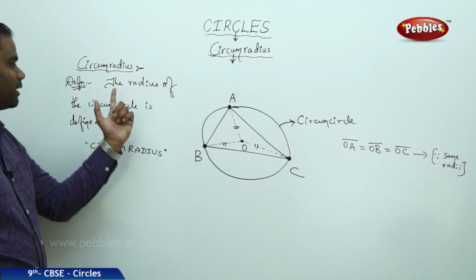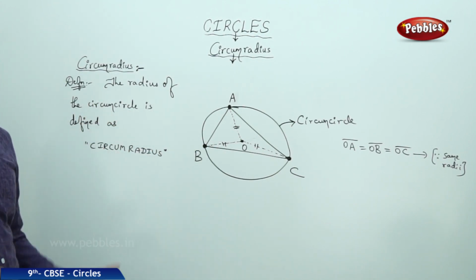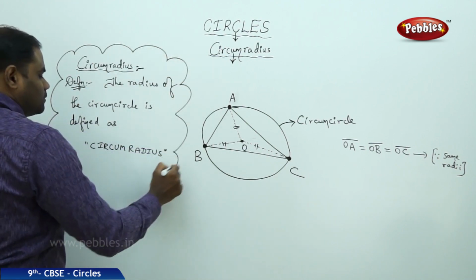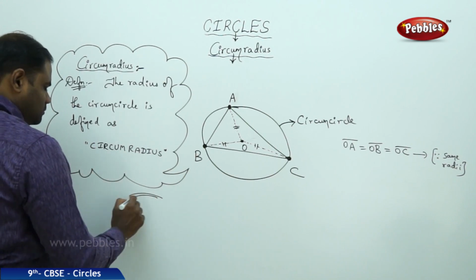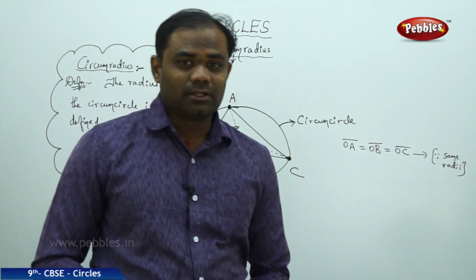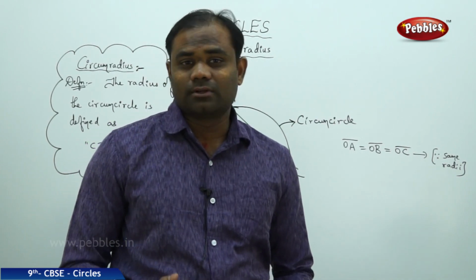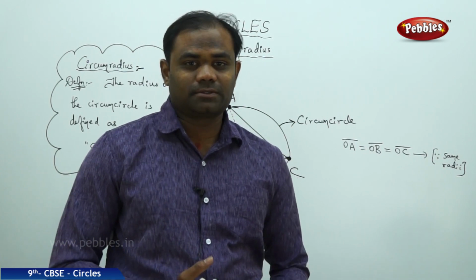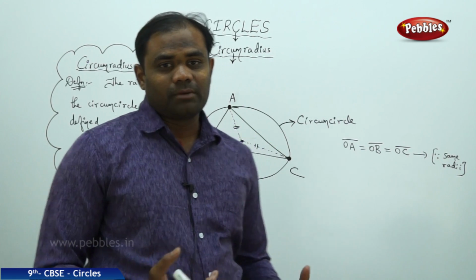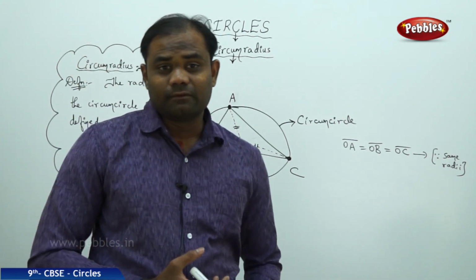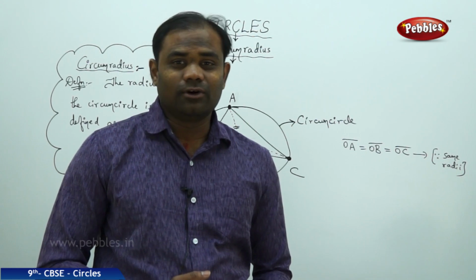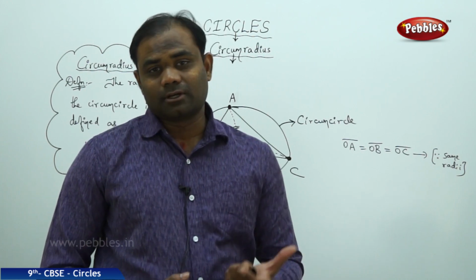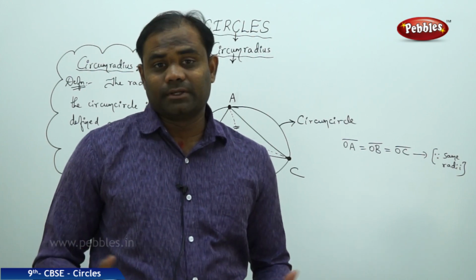Therefore, we define the radius of the circumcircle as circumradius. For a circle, the center of the circumcircle is called circumcenter, and the radius of the circumcircle is called circumradius. And when we talk about the circumcircle, it's a circle which passes through all the 3 vertices of a triangle ABC. Is how we understand circumcircle, circumcenter, and circumradius.